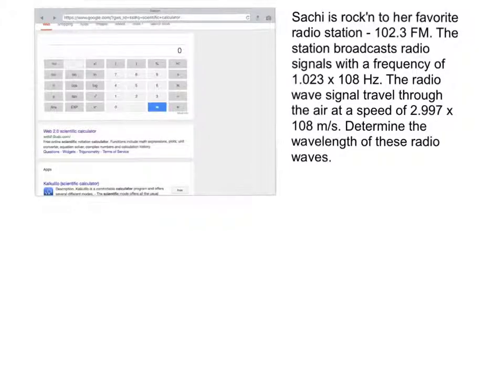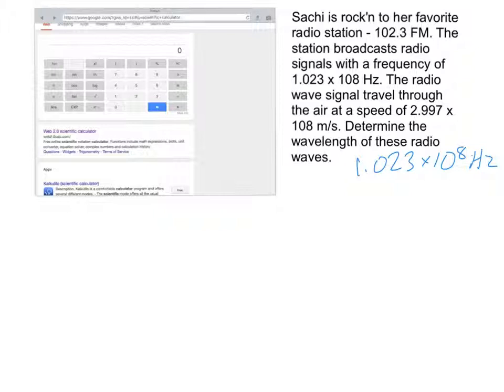All right, so let's see if we can apply this to more of a real world type problem here. It says Sachi is rocking her favorite radio station, 102.3 FM. The station broadcasts signals with a frequency of 1.023 times 10 to the 8th hertz.